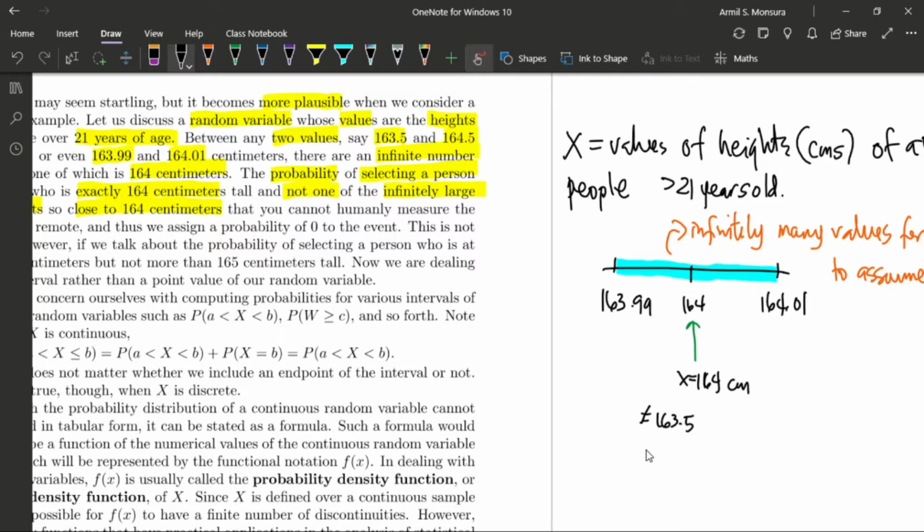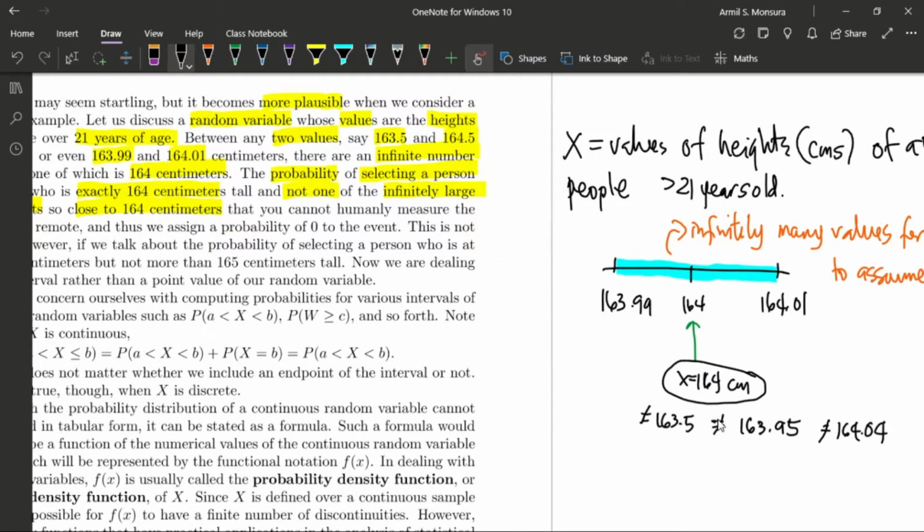Okay? Hindi rin siya 163.95. Hindi rin siya 164.04, for example. Yung eksaktong 164 cm talaga, at mapapatunayan mo na siya ay eksaktong 164 cm. Okay? That is very, very impossible to do.